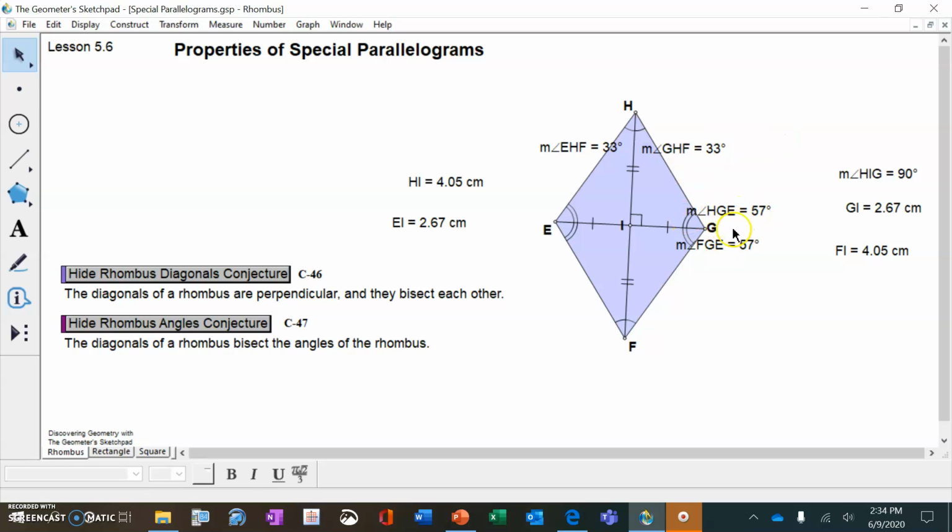And then also over here, if I look at this diagonal, and then I look at the 2 parts of angle HGF, angle HGF was bisected also by this diagonal. So the diagonals of a rhombus bisect the angles of a rhombus, all the angles of a rhombus.